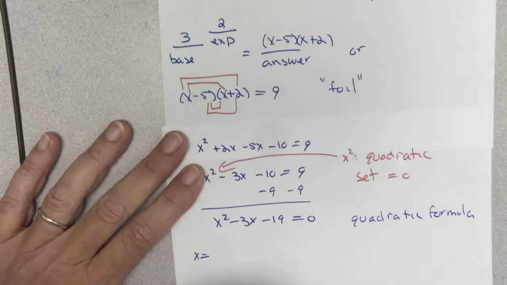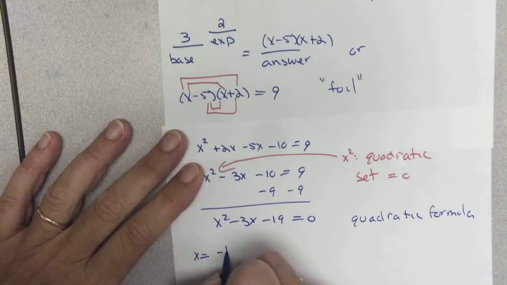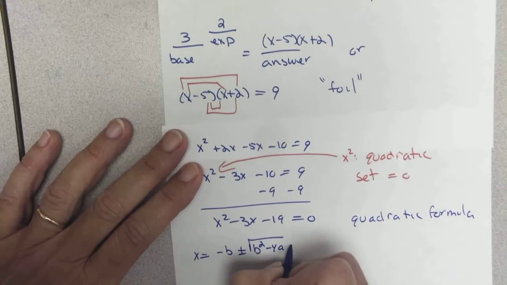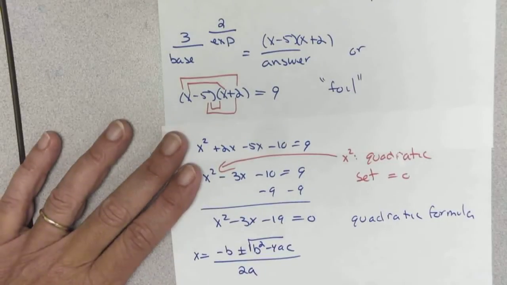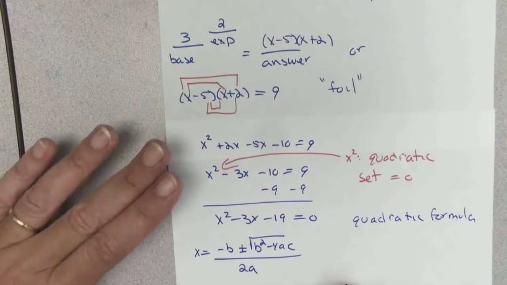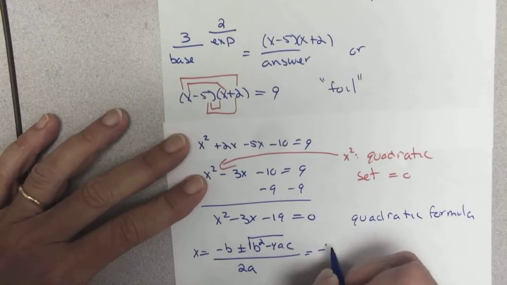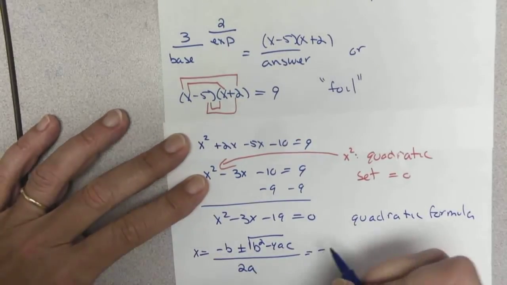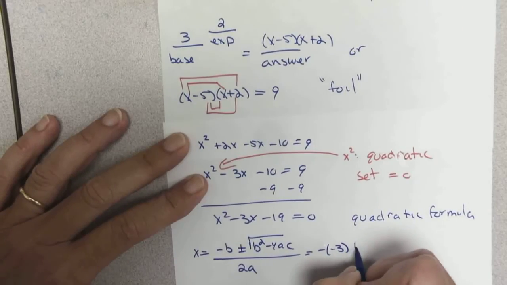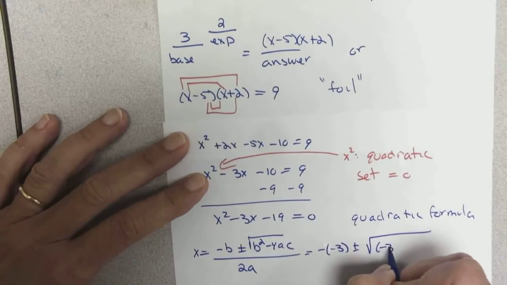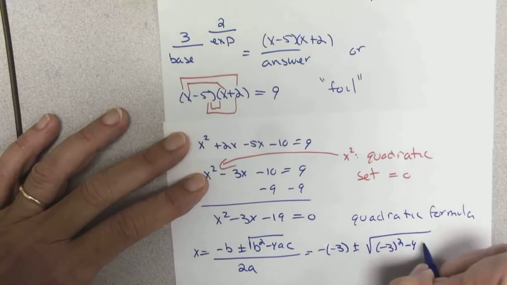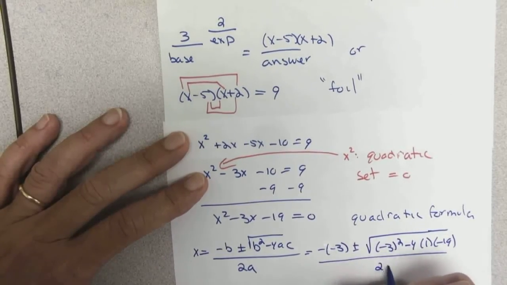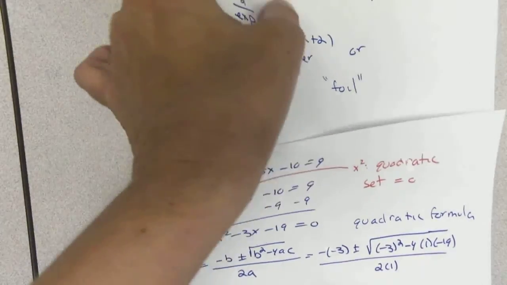So quadratic formula, x equals negative b plus or minus the square root of b squared minus 4ac all over 2a. If you see I made a mistake when you're watching the video, send me an email. So minus minus 3 plus or minus the square root of negative 3 squared minus 4 times 1 times negative 19, all over 2 times 1.